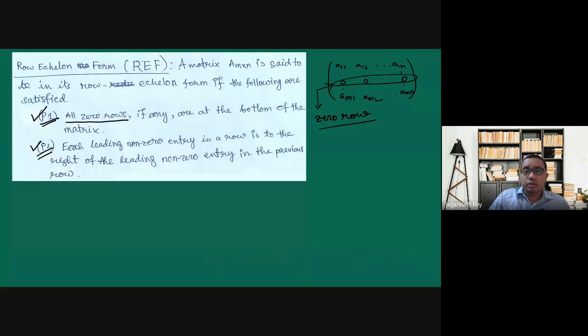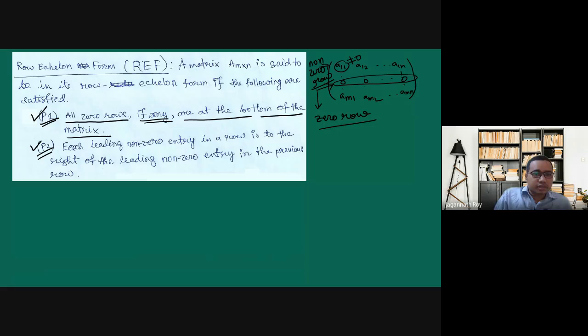If at least one entry is non-zero, then it is a non-zero row. So what it says is, if at all they exist, all zero rows are at the bottom of the matrix.